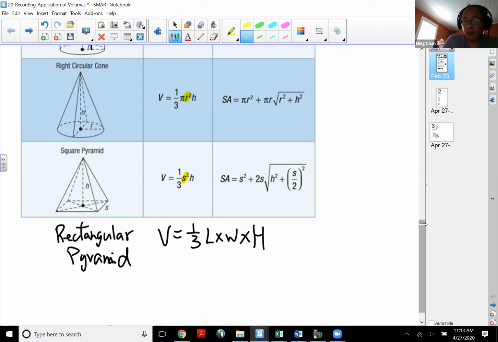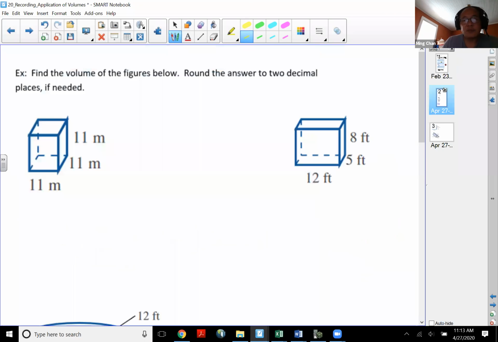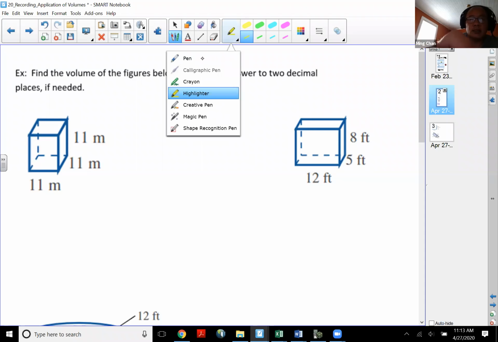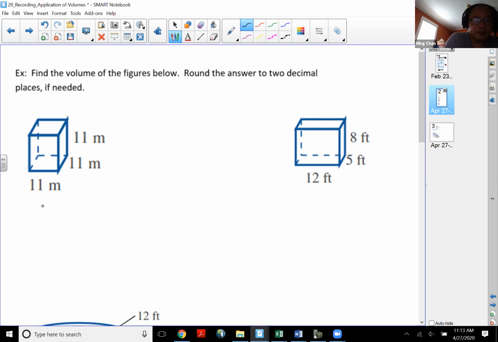All right. Now, you have to forgive me. I copied these problems from various sources, so sometimes they aren't labeled as well. When you see this problem, find the volume rounded to 2 decimal places. The dimensions tell you that this is a cube, right? So to find the volume, we take the area of the base, which is side times side because I have a square base, then times the height.